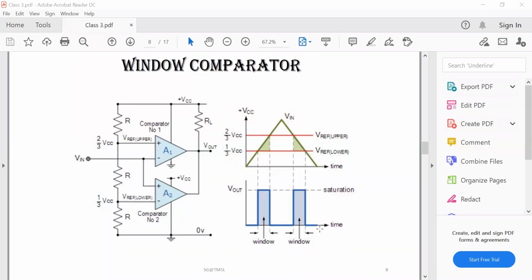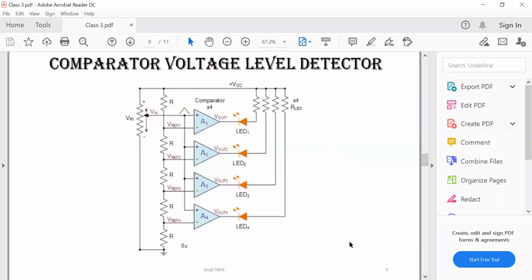The circuit will look like this one, the comparator voltage level detector. So here different op-amp comparator circuits are used, and more than 2 comparators are used.